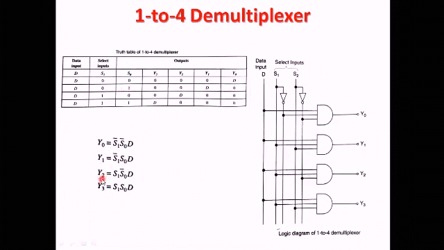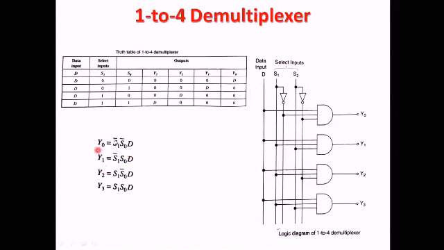Next case is Y2. Y2 is equal to S1 S0 bar into D. Here the value of S1 is 1, that's why it is S1, and the value of S0 is 0, that's why it is S0 bar. Similarly, Y3 is S1 S0 into D, as both S1 and S0 are 1.